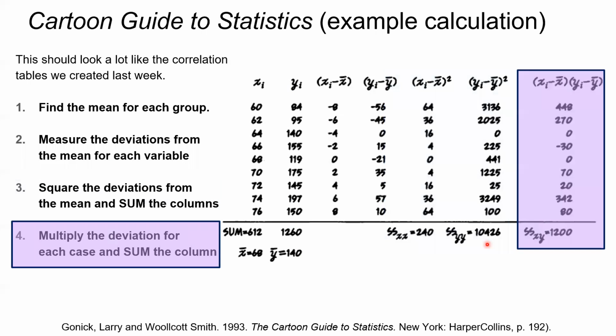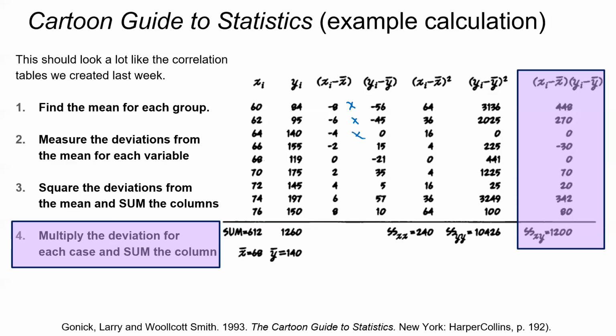The fourth step is to multiply the deviations for each case and sum that column. So where do these values come from? It is this number multiplied by this number. So negative 8 times negative 56 is equal to 448. Negative 6 times negative 45 is equal to 270.